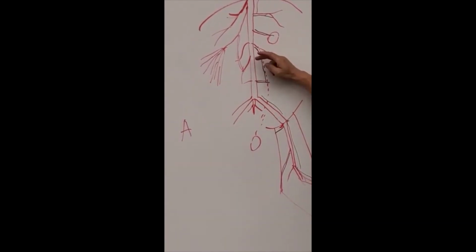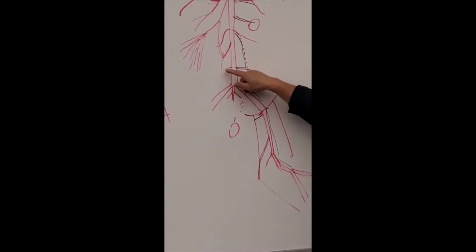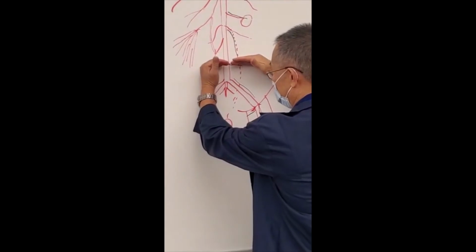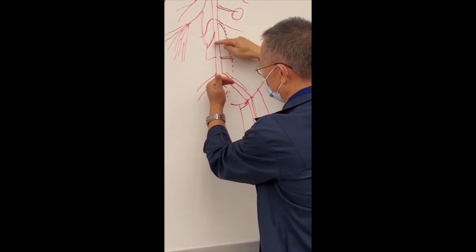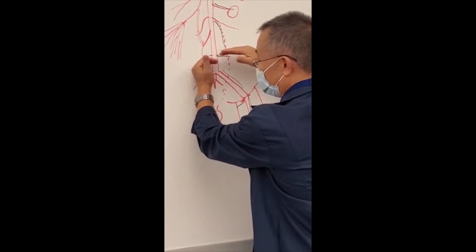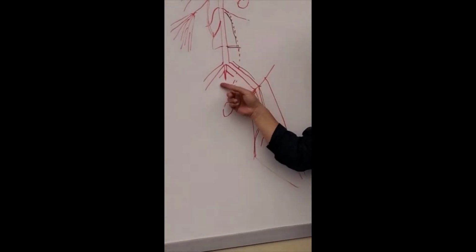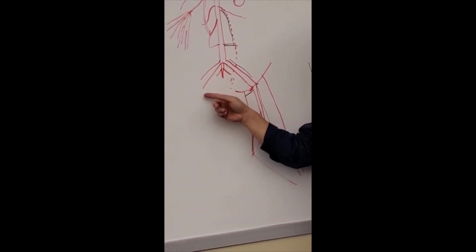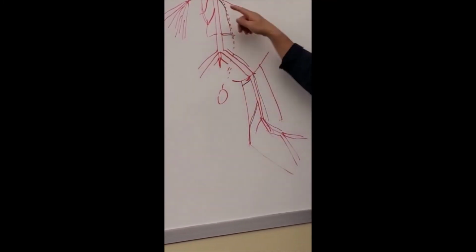Okay. After this, next branch, iliolumbar, on both sides. Maybe exact location, maybe like this. Okay. Sometimes when this one is down a little bit, then push this one going down a little bit. Okay. Iliolumbar, and then external iliac. That ends the aorta.